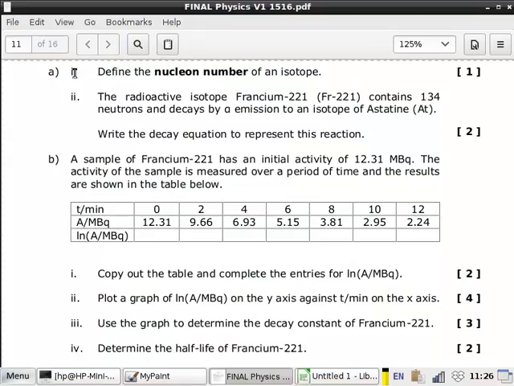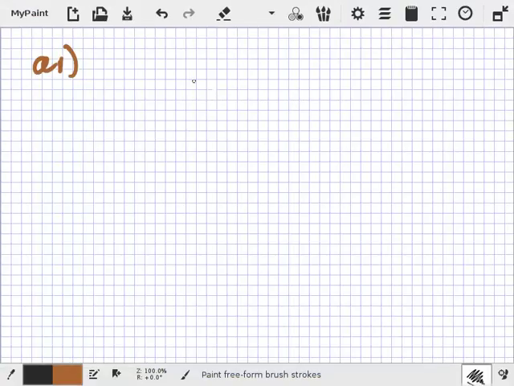What's the nucleon number? You can do this, Sean. We believe in you. Don't help Sean now. Easy. Okay, Jerry, what is it? Give me a full sentence.